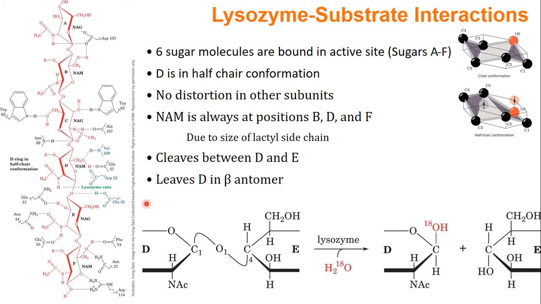So here, we're always getting the beta isomer out. And we're showing this, so you see this 18O, that means we don't have 18 oxygens. Rather, the way this experiment was done was we used radioactive oxygen, seeing where it went on our substrate, and we always found oxygen is added to the beta position here.